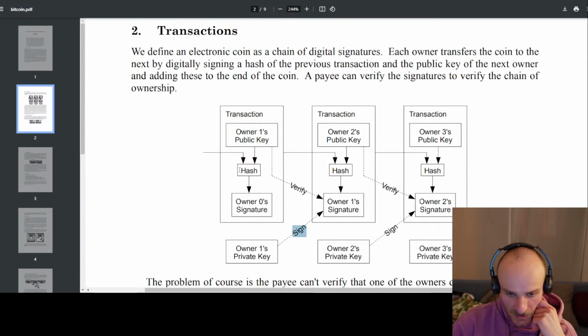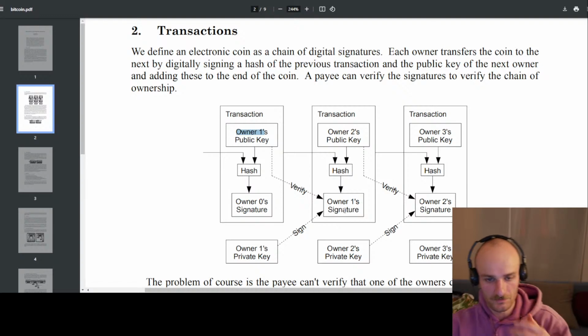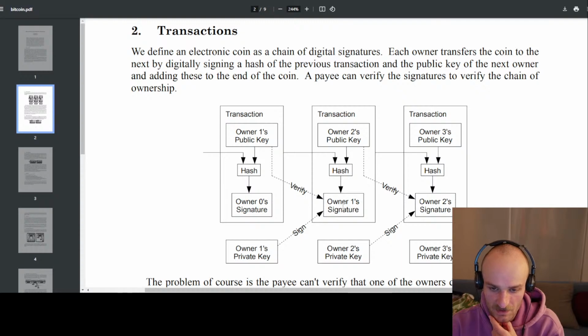So you first hash with owner 1's public key, you sign it with the private key, and then you send this guy the transaction, hashing it with his public key.